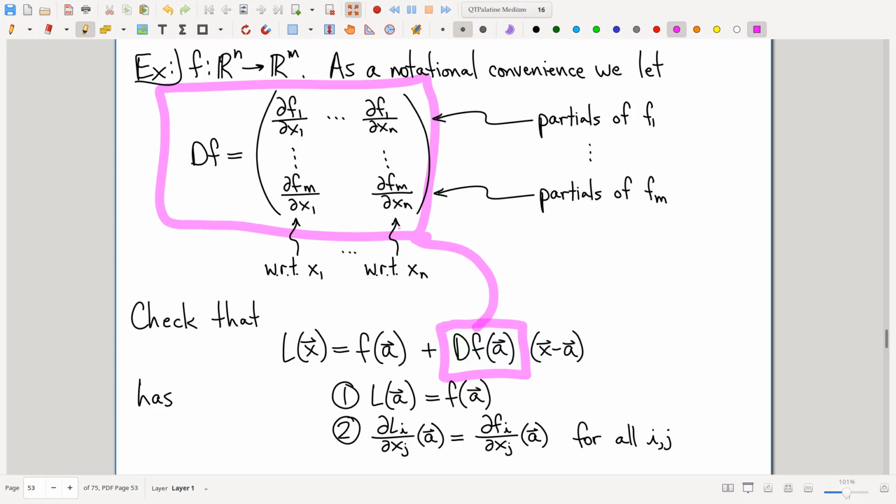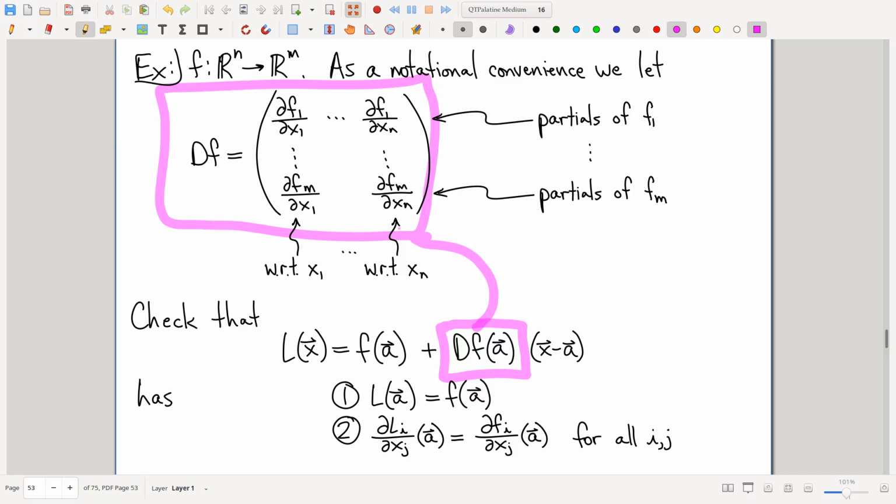Here, let's take all of our partial derivatives and arrange them together. This time, though, I have an array because there's not only various different input variables, there's also various different output variables. So it's a pretty copycat idea, and more to the point, it works.